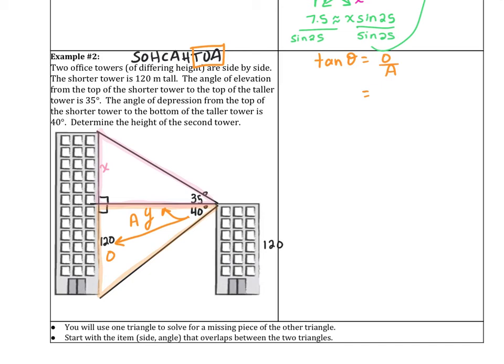Substitute the values in. So theta is 40. The opposite is 120. The adjacent is y. And when we put that over 1 and cross multiply, we get 1 times 120 is 120 equals y times tan 40.